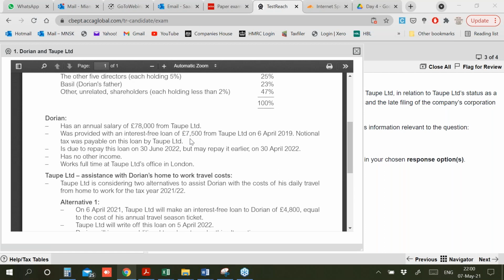And whenever D pays the loan back to T Limited, HMRC will return the tax. Now, D is planning to repay this loan on 30th June 2022, but may repay it earlier, that is 30th April 2022. Has no other income, works full time at T Limited's office in London.